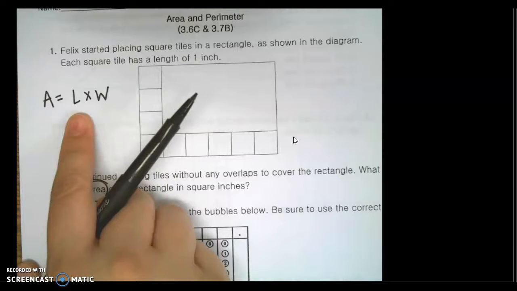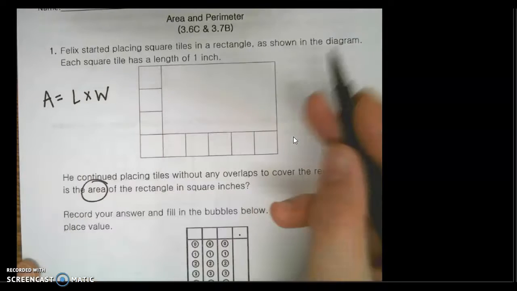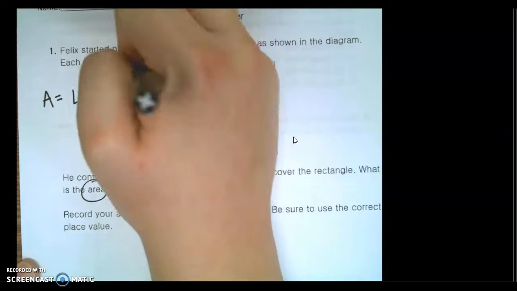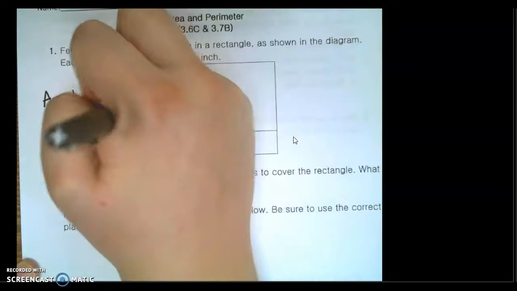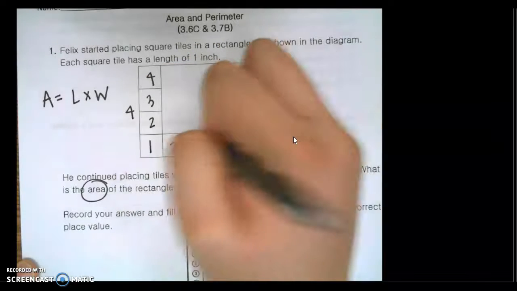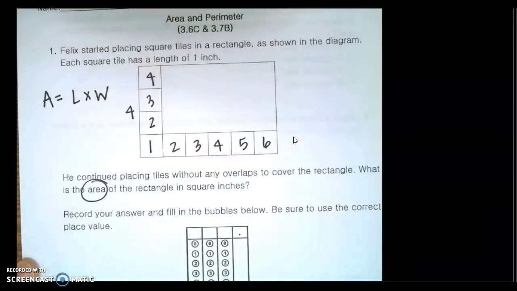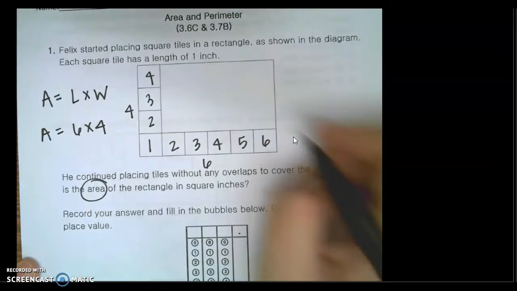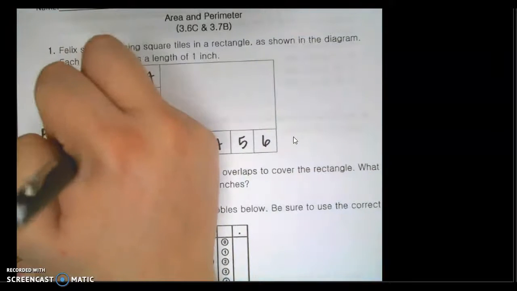So we're going to multiply. We're going to multiply our length and our width. 1, 2, 3, 4. This is 4. 1, 2, 3, 4, 5, 6. 6. So we are going to multiply. Area equals 6 times 4, or you could do 4 times 6.